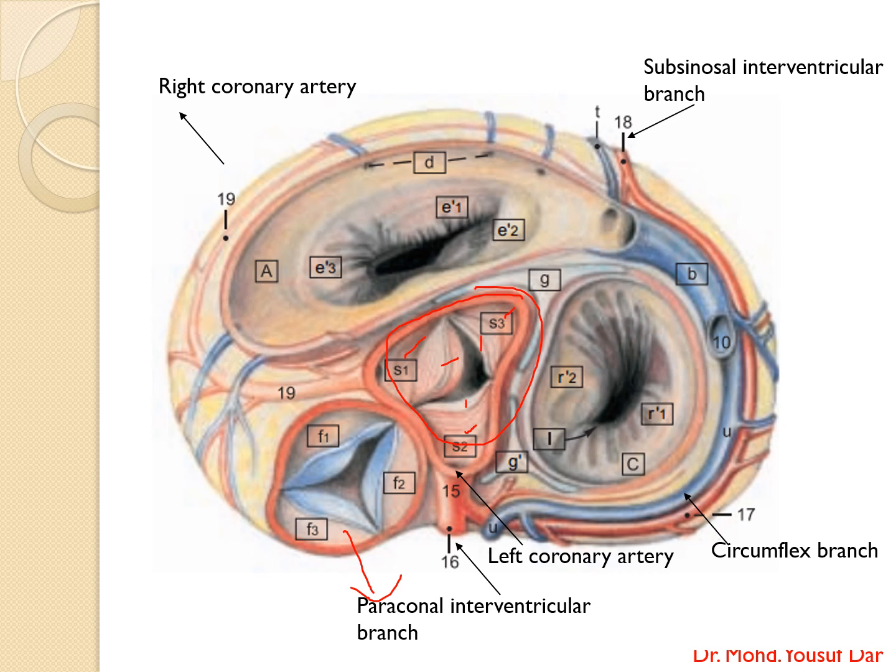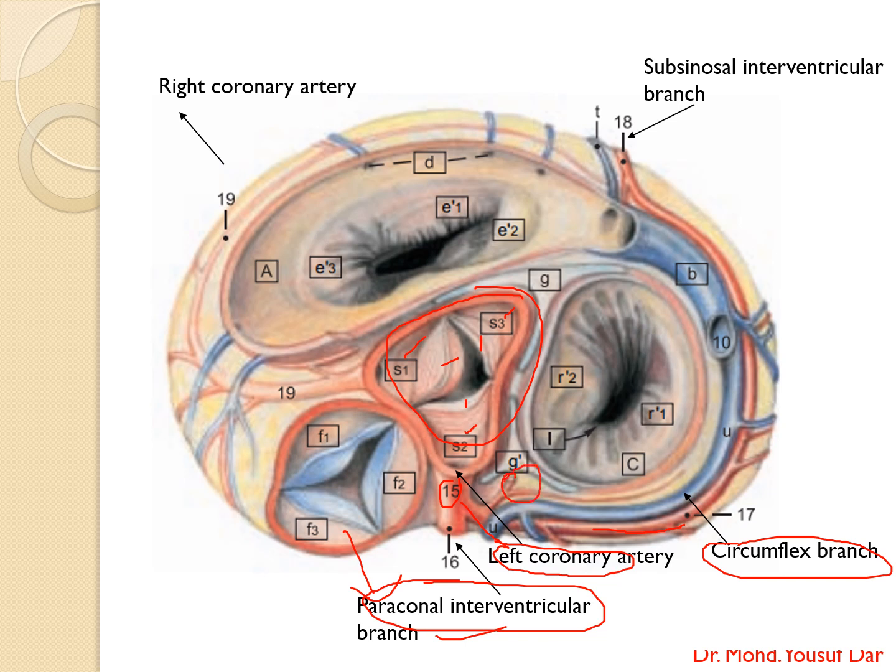This is the left coronary artery. The left coronary artery arises from the left posterior sinus, and on reaching the left longitudinal groove, it gives the paraconal interventricular branch that runs in the left longitudinal groove. And this is the circumflex branch of the left coronary artery, which runs in the coronary groove.